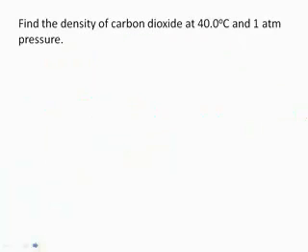And then here's another one. Here it's asking us to find the density of carbon dioxide at 40 degrees Celsius and 1 atmosphere pressure. Again, look at what the units are going to be. I need grams of CO2 over liters of CO2, since it doesn't say if it wants milliliters or liters. Now, again, look at these separately.